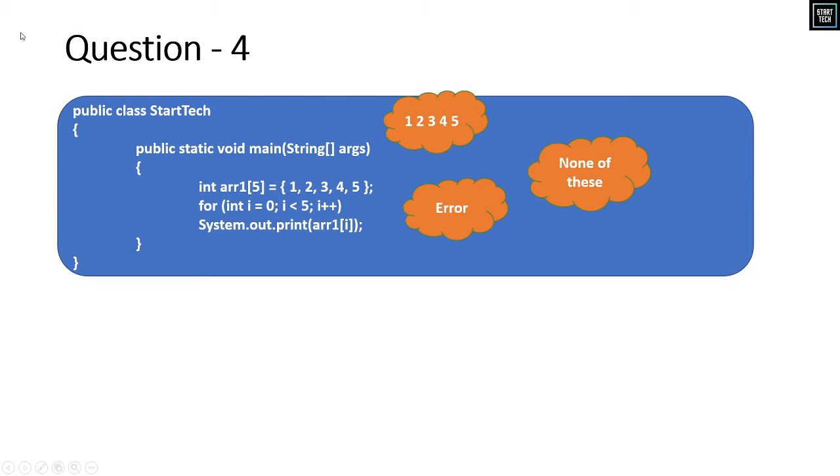Here we have applied the loop, but we have specified the size, so it will give an error. To correct this program, if we remove the size and keep it blank, then it will work. It will print 1 2 3 4 5.